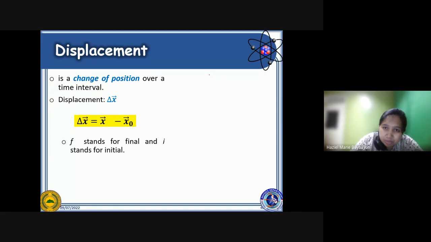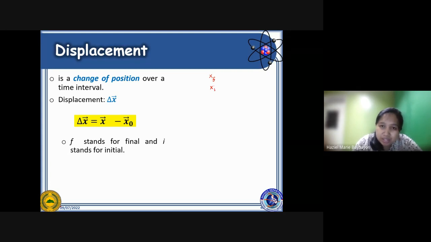In most notation, we use x sub f, which is equivalent to x. So x final, or x, and then x sub 0, or x not, is the initial position, or we can also use the notation x sub i.